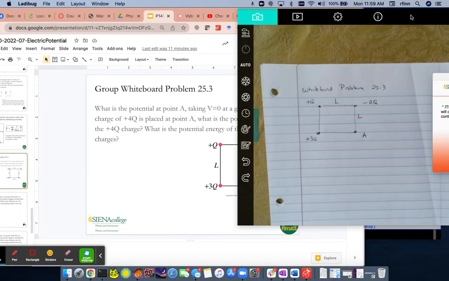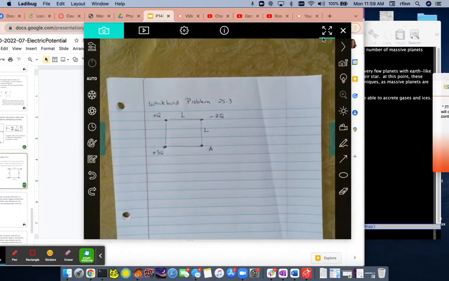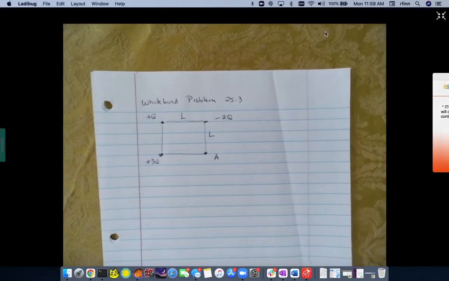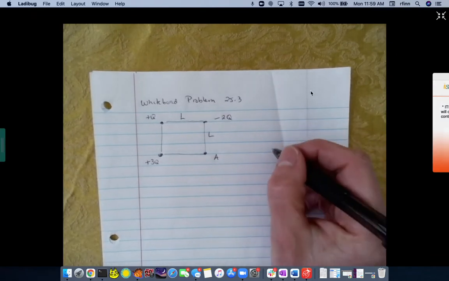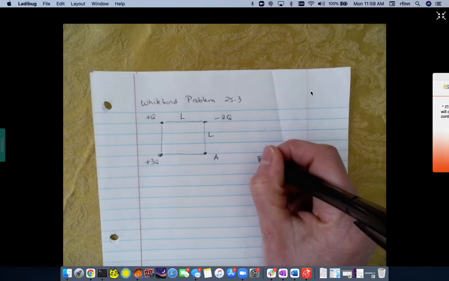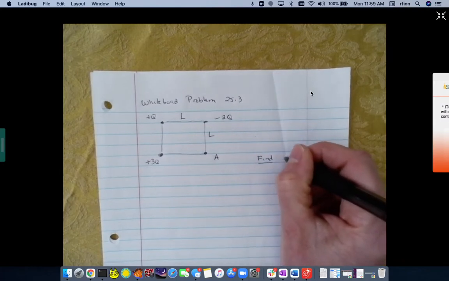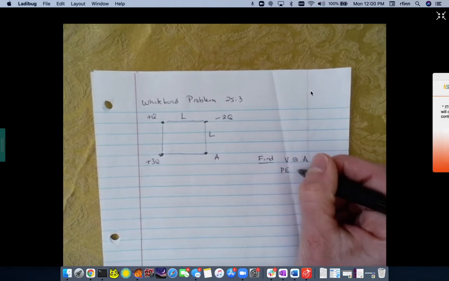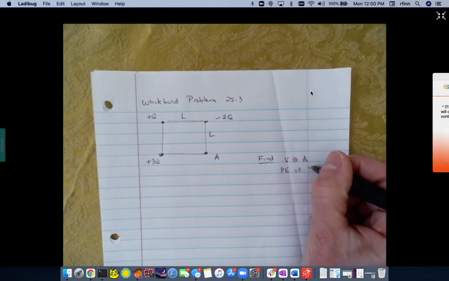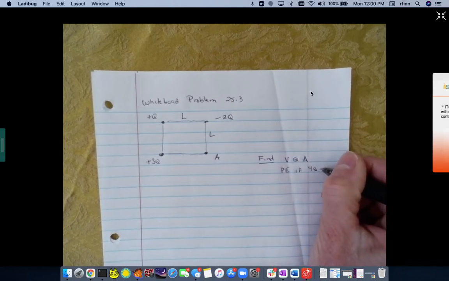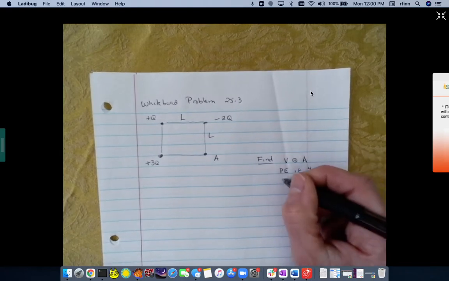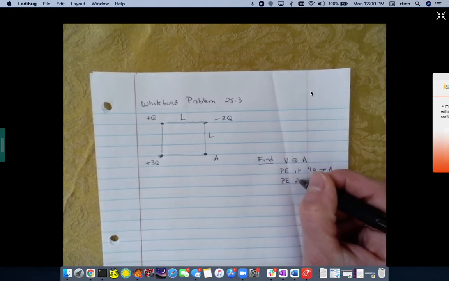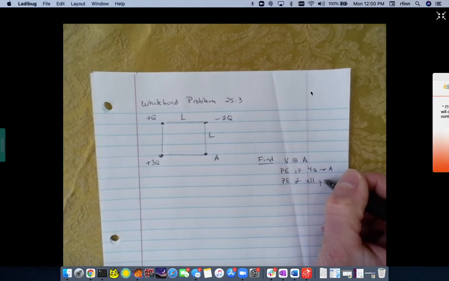Okay, so I copied this over already. This is what our setup looks like, and we want to find the potential at A, and we want to find the potential energy if our 4Q goes to A, and then the potential energy of all charges.